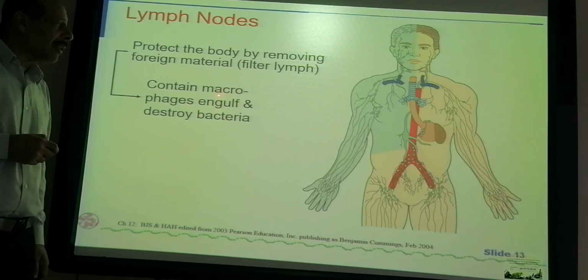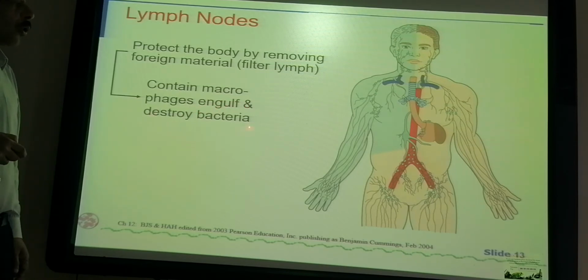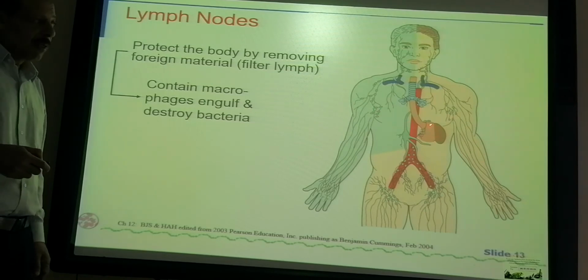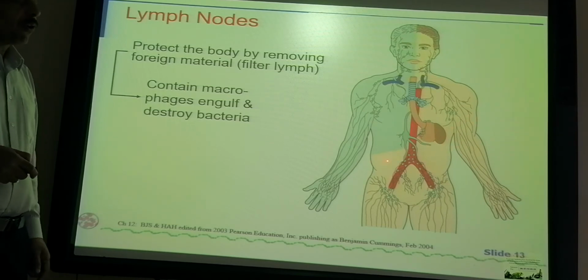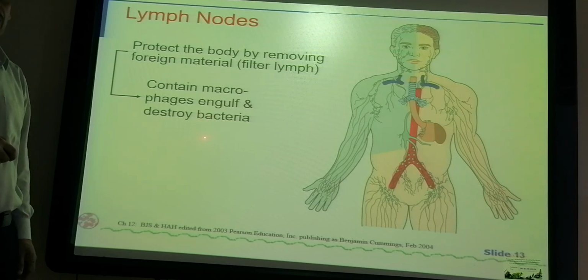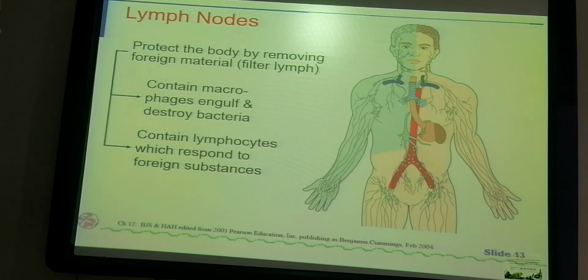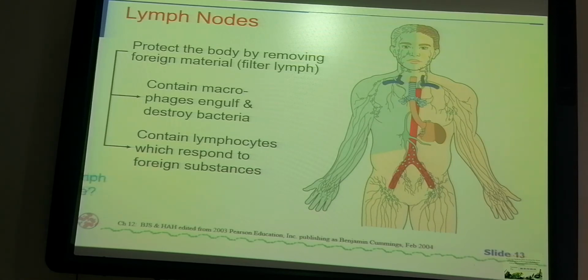It contains macrophages that engulf and destroy bacteria. Macrophages are present in the blood, but they escape from the blood and migrate to the lymphatic tissues, and destroy the bacteria inside the lymphatic tissue. It contains lymphocytes which respond to foreign substances.